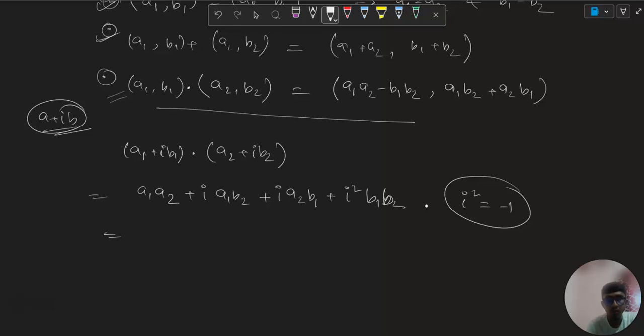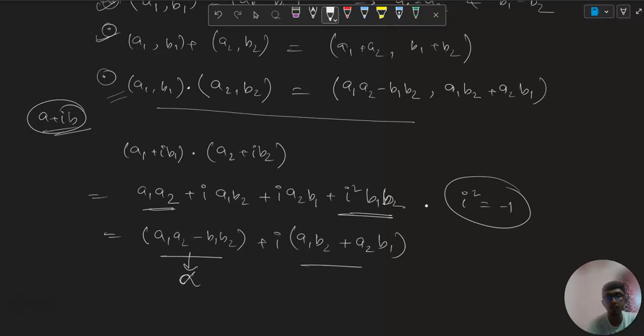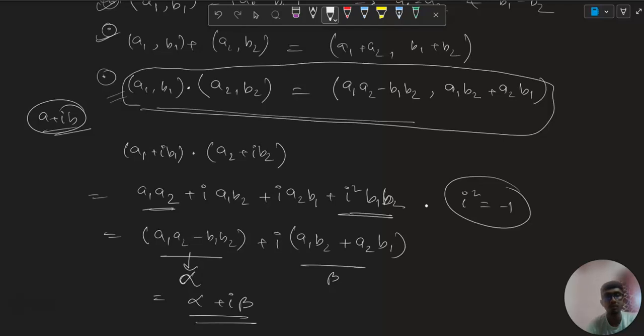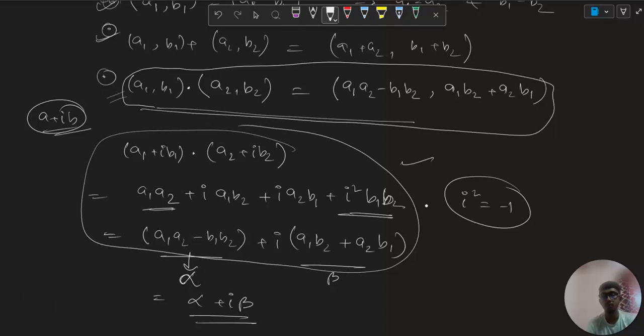These are the real portions, real numbers, both of them. So we can put it together: a1 a2 minus b1 b2 plus iota into a1 b2 plus a2 b1. We can represent this as alpha and this as beta, so it will be alpha plus iota beta. It's a complex number, and this multiplication and the earlier multiplication are the same.